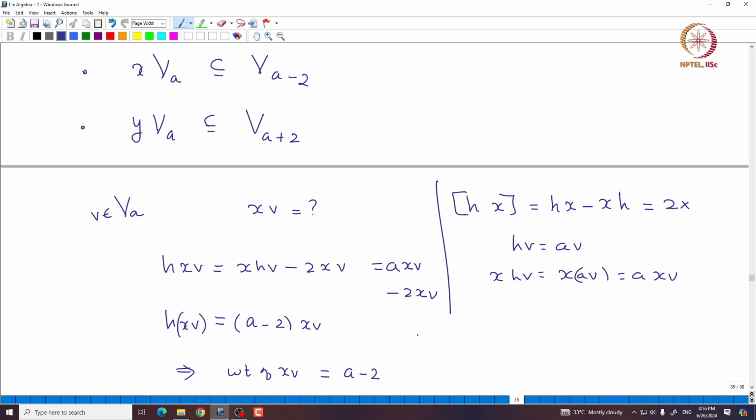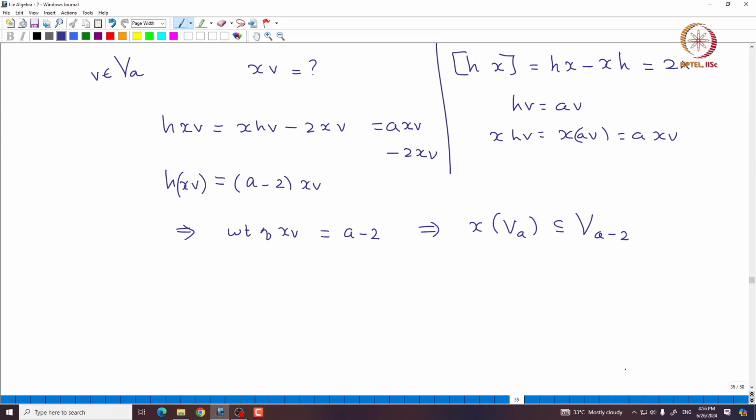So, it is clear from this calculation that x applied on V_A is going to be a subspace of V_{A+2}. And similarly, if we take v in V_A and apply y to v, what will be the H eigenvalue of that? We are not only saying that it is mapped to something, it is also an H eigenvector if it is not 0.